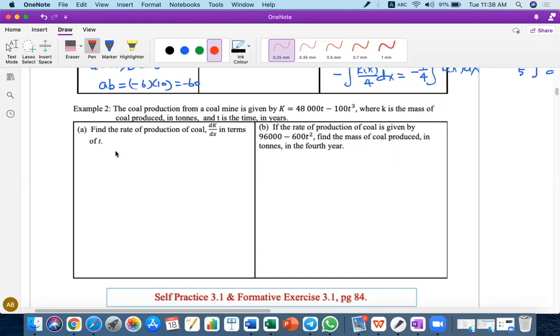So dK/dt is 48,000 minus 300 t squared. This is in terms of t.